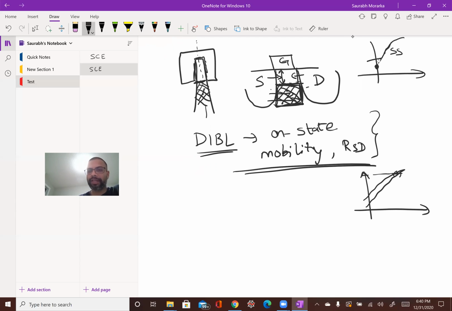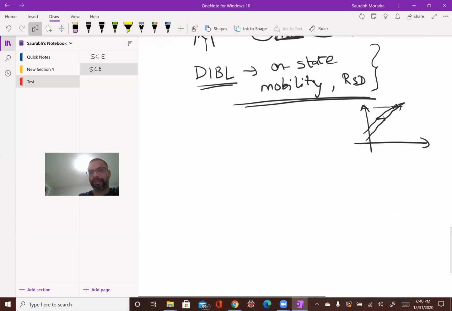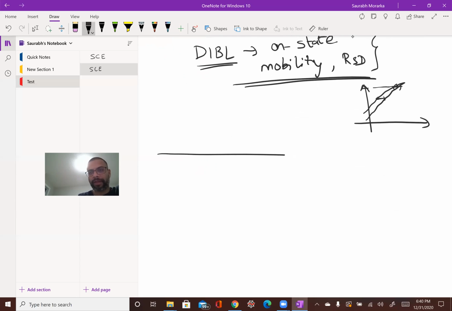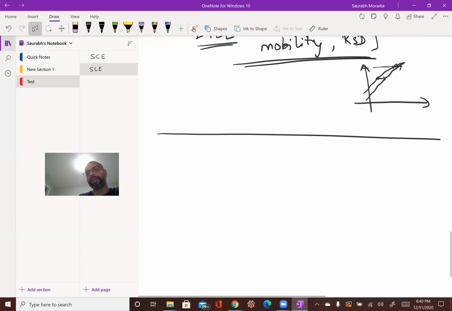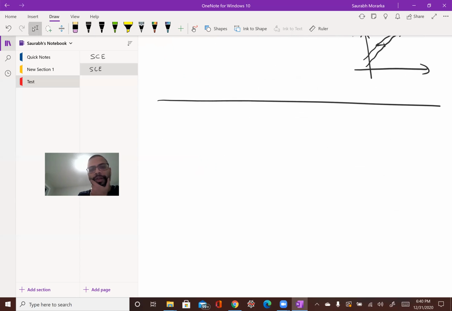It's not guaranteed that a DIBL has to be taken at this point. It could be taken much lower as well. In that case, the on-state properties will not affect DIBL, right? So now the next point about these effects is, what is their temperature dependence, right?